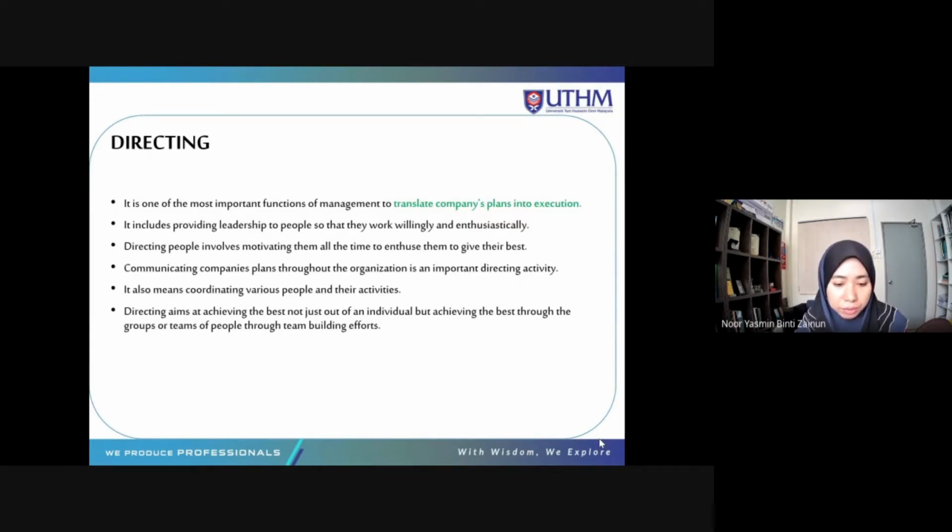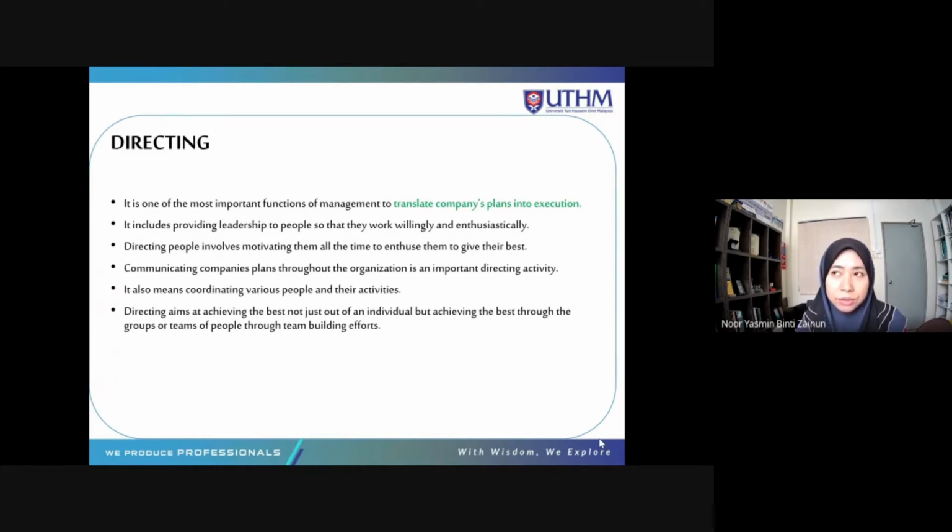It includes providing leadership to people so that they will work willingly, directing people involved, and motivating them all the time to enthuse them to give their best. Communicating the company's plan throughout the organization is an important directing activity, and directing also means coordinating various people and their activities.